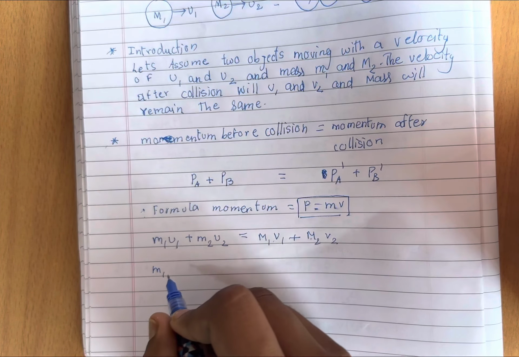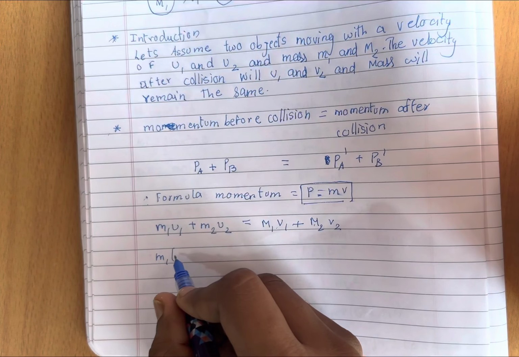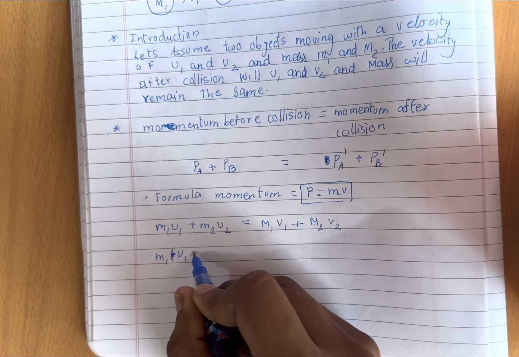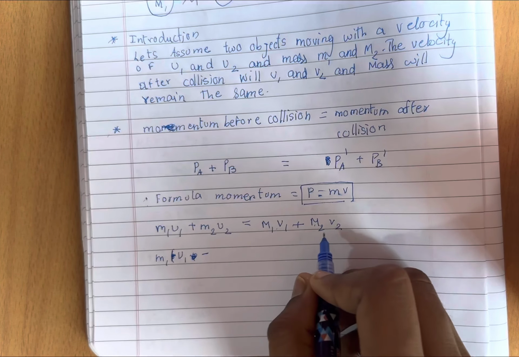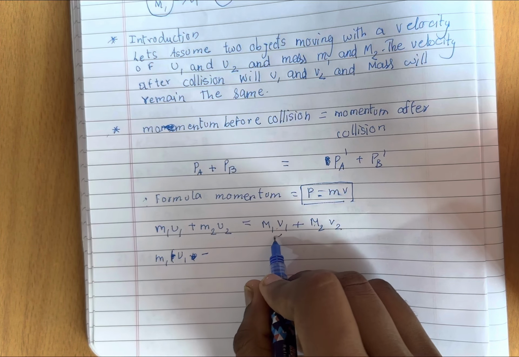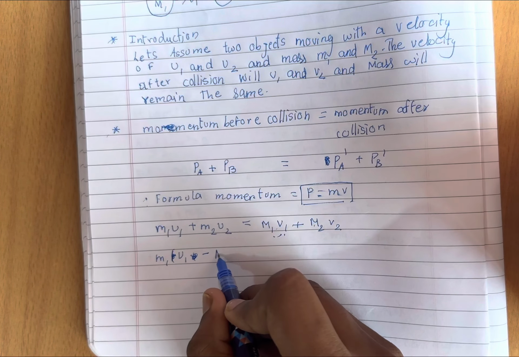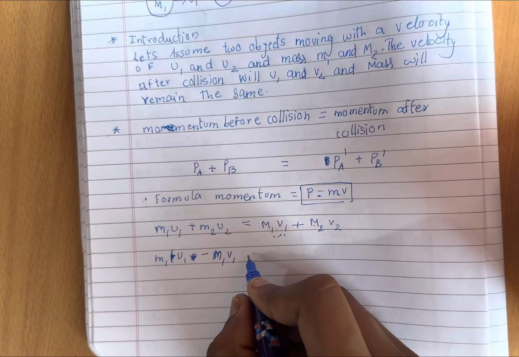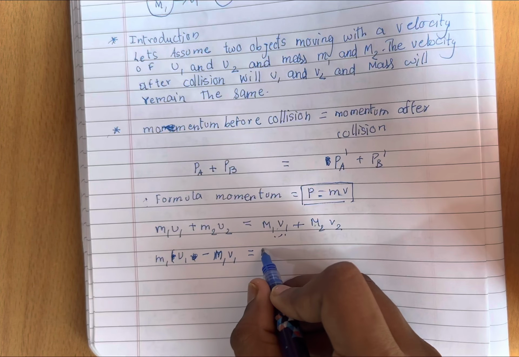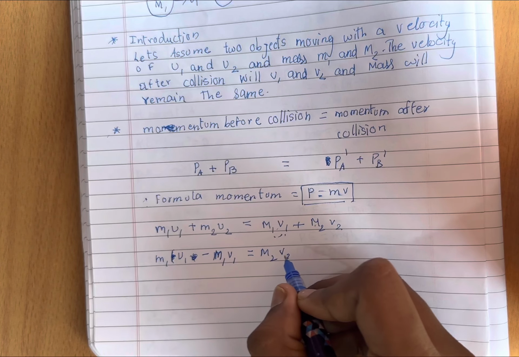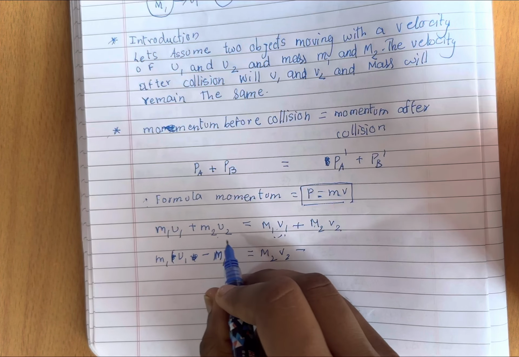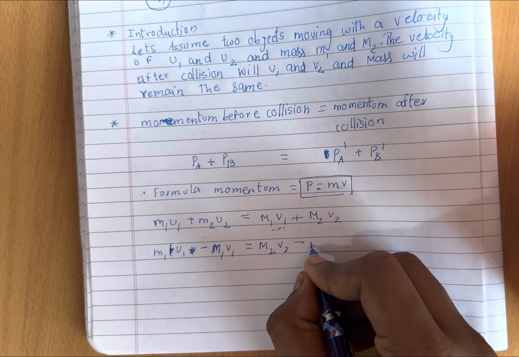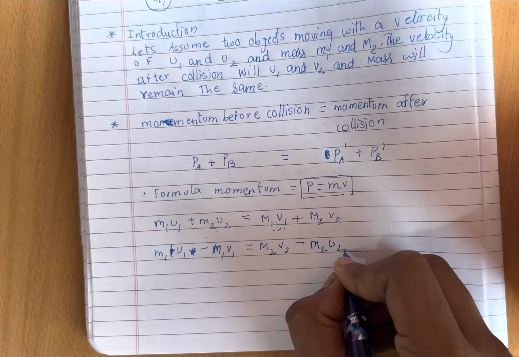So m1 u1, minus, we have to bring this m1 v1 this side, so it will become m1 v1, equal to, over here m2 v2, minus we have to bring m2 u2 on that side, so it will become m2 u2.